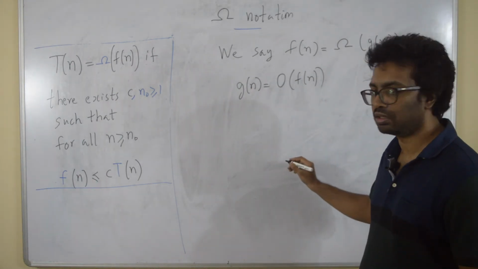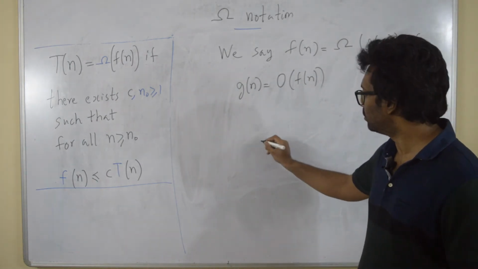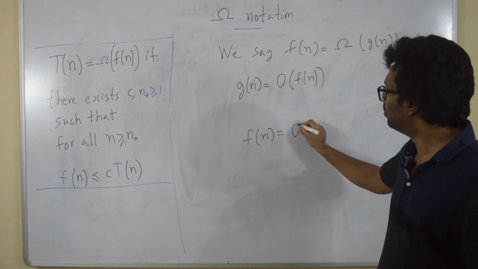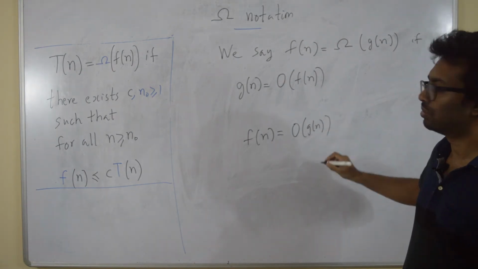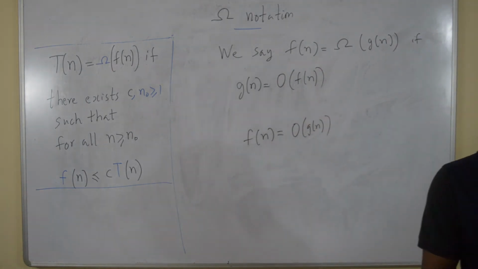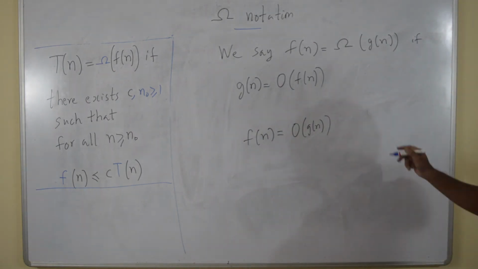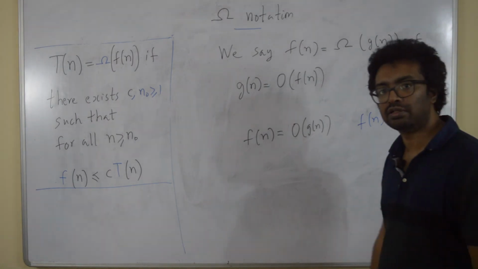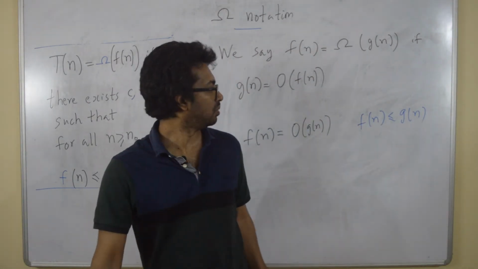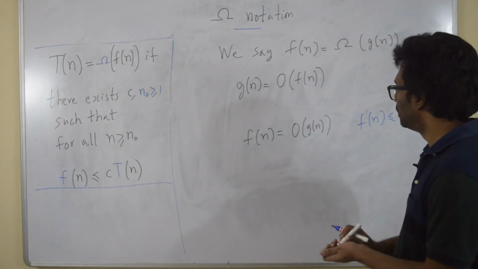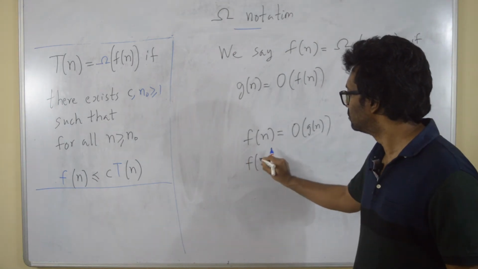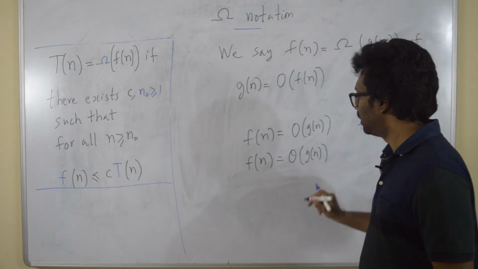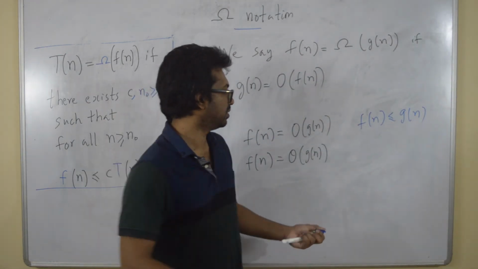Let me try to say. If I write f of n is equal to big O of g of n, what do I see in my mind? I see f of n is less than or equal to g of n. Right? This is what we see. Now, what happens if I have f of n is equal to theta of g of n?